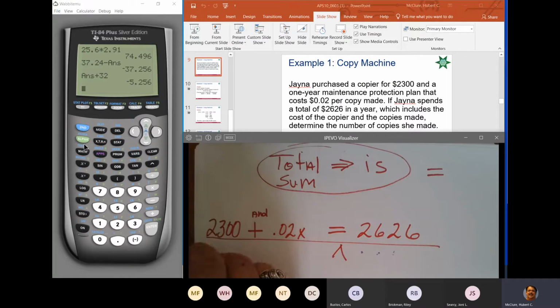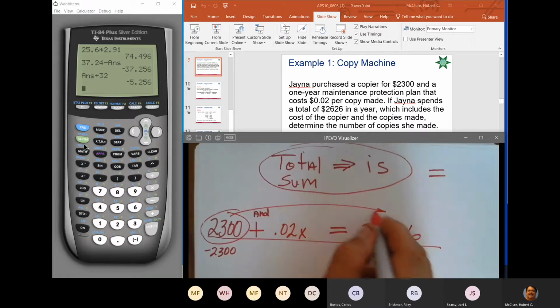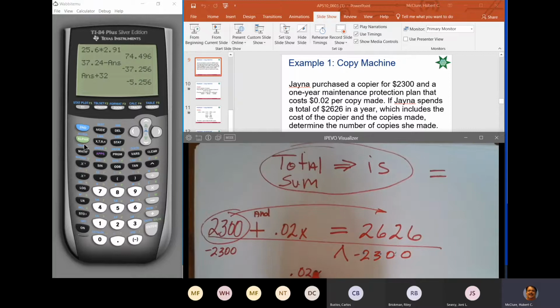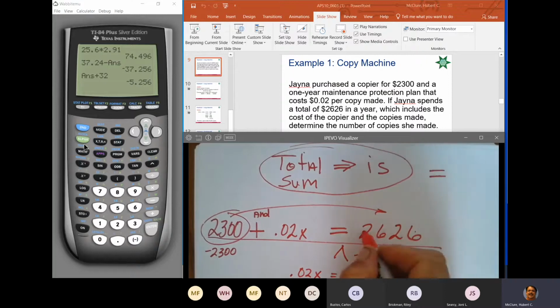So I'm going to subtract 2,300, or take it across the river. And that leaves me with 0.02x is equal to, well, that's going to be a 6. That's going to be a 2. And 26 minus 23 is 3.